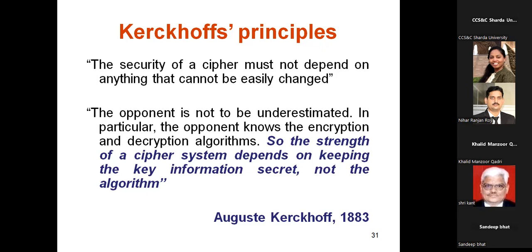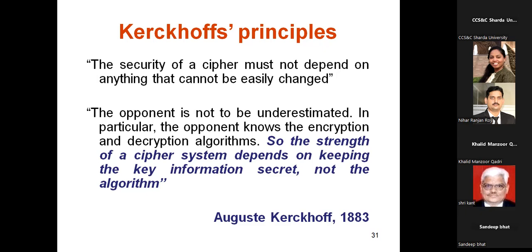For that reason, the secrecy strength of the system must lie in the key itself, not in the mathematical design of the system. Only the key used for a particular message should not be known to anyone, and the whole strength lies in the key.